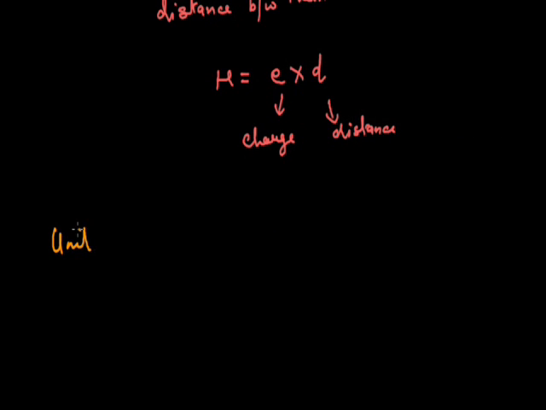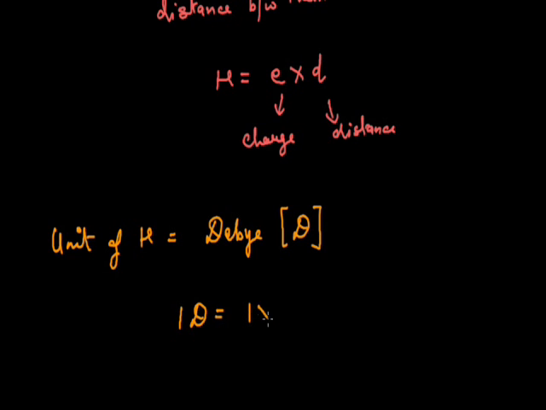The unit of dipole moment is debye, represented by capital D, and 1 debye is equal to 1 into 10 raised to the power minus 18 esu centimeter, or it is equivalent to 3.335 into 10 raised to the power minus 30 coulomb meter.